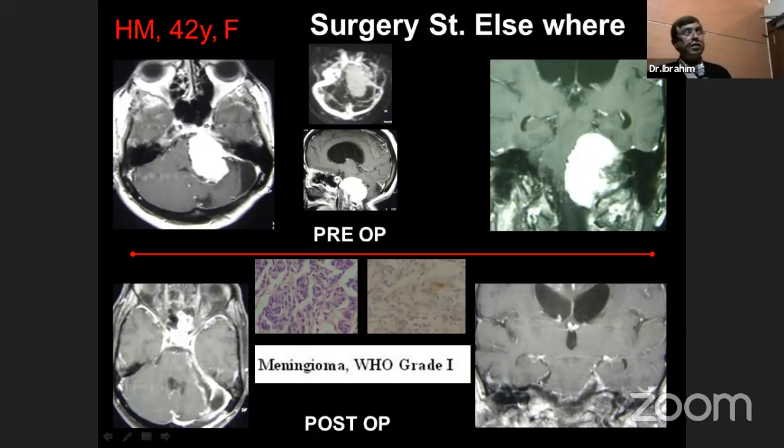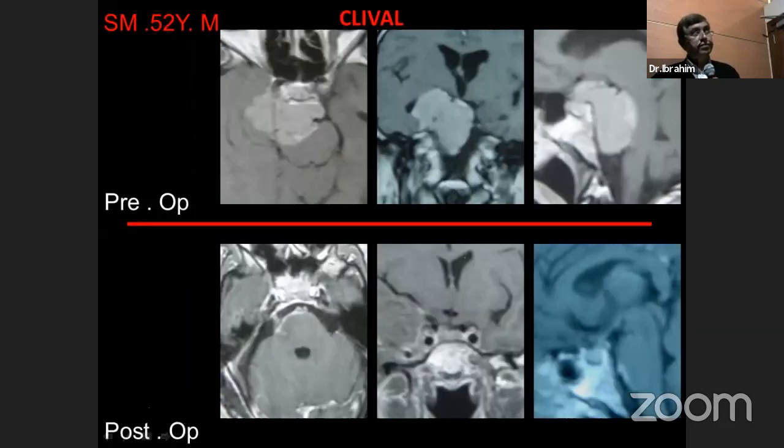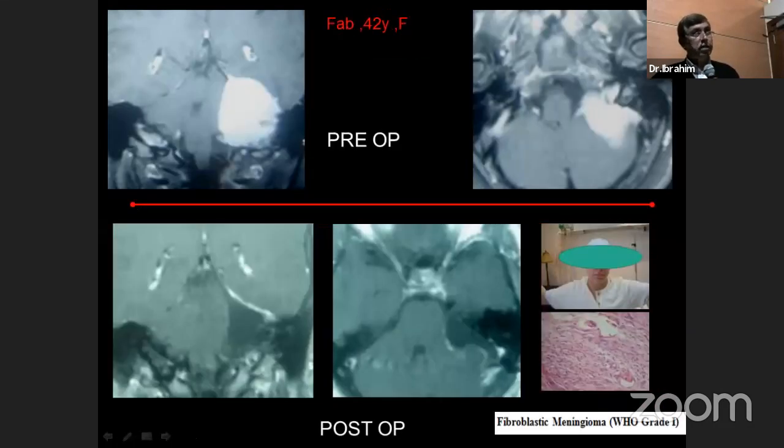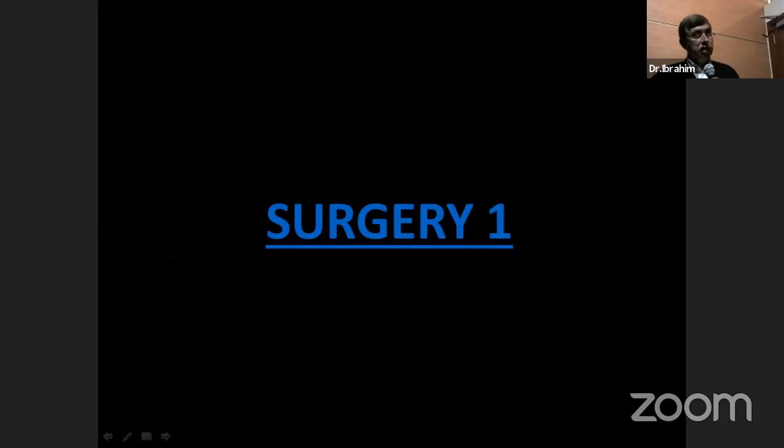And they say, oh, we'll send her for radiation. Of course, you cannot give radiation to this, so we operated. So even in cases that have been operated before, you still can operate. Before and after, before and after. This lady also, before and after, and follow up. I'll just show you 1 or 2 videos and we'll be finished.